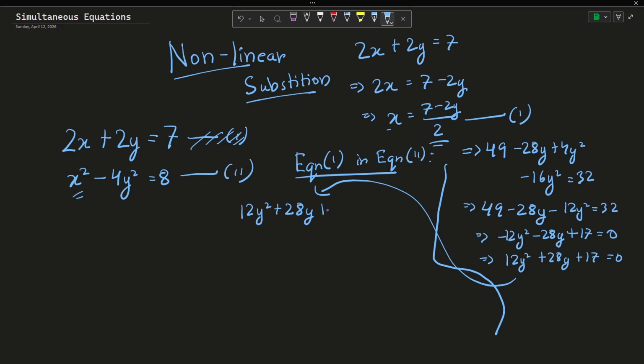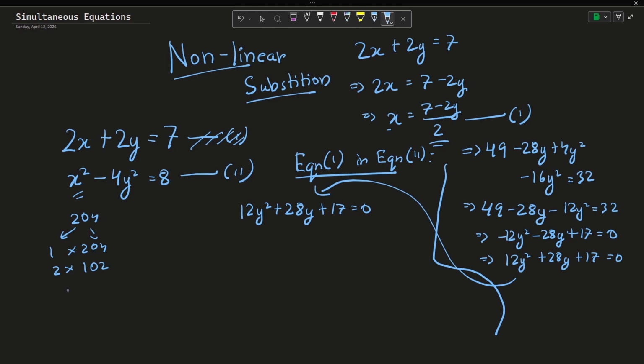So this was 17 and this was 0. Now I will just have to see which, by adding or subtracting, we get 28. So 204 can be 1 times 204, 2 times 102.